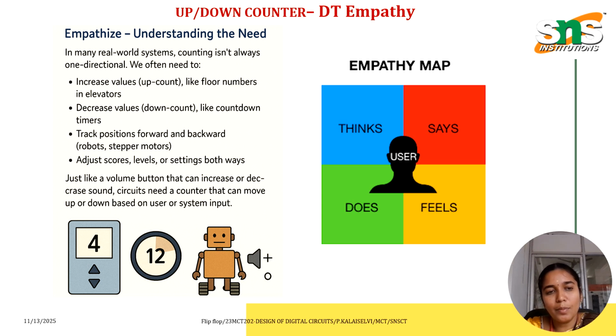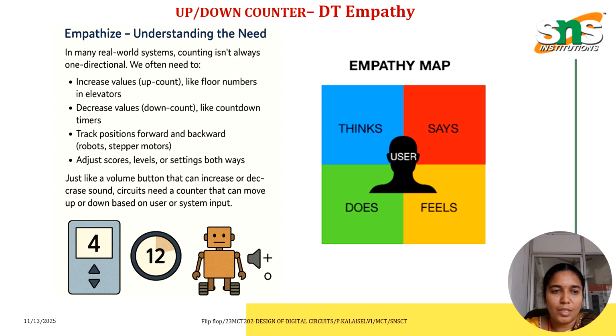We also track position forward and backward, like in motors, stepper motors and robots, and adjust scores or levels both ways. These are the points we have to look out for when designing the counter.